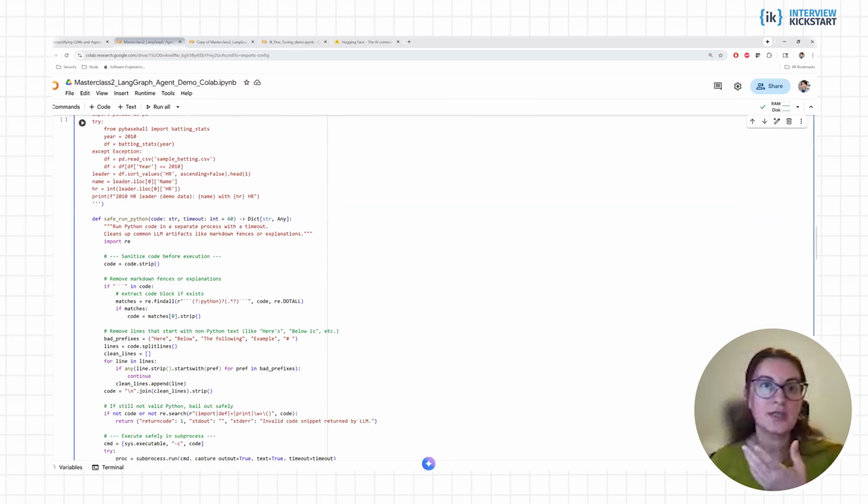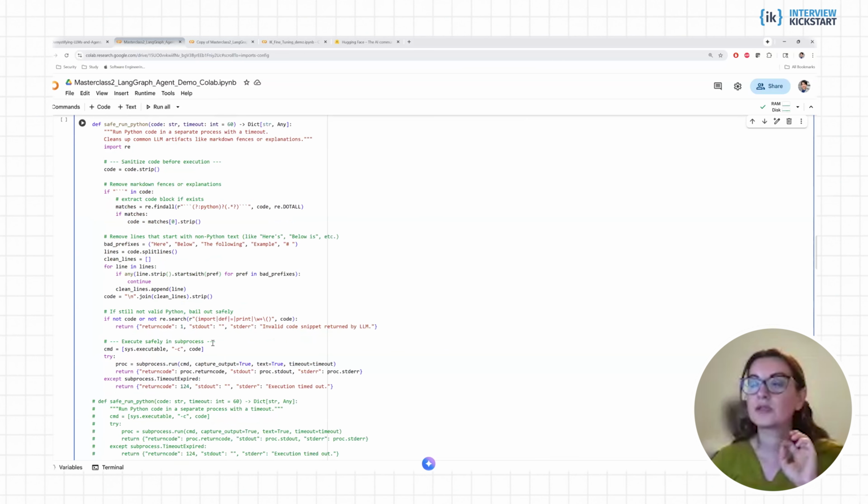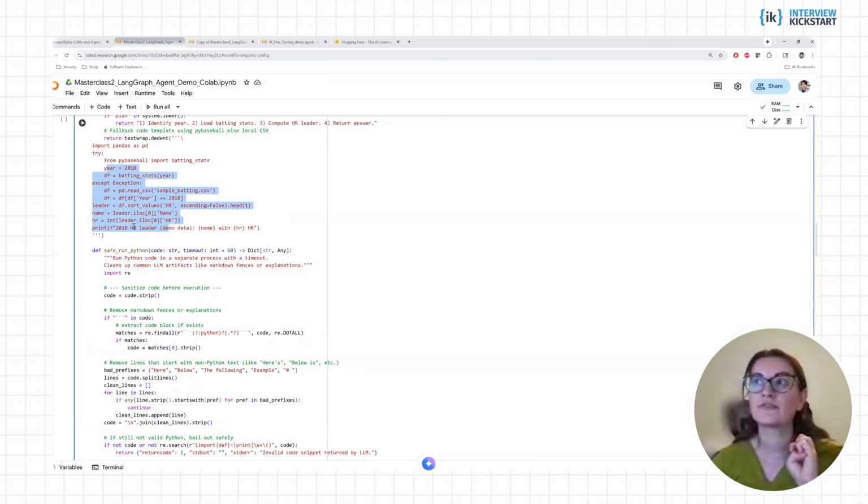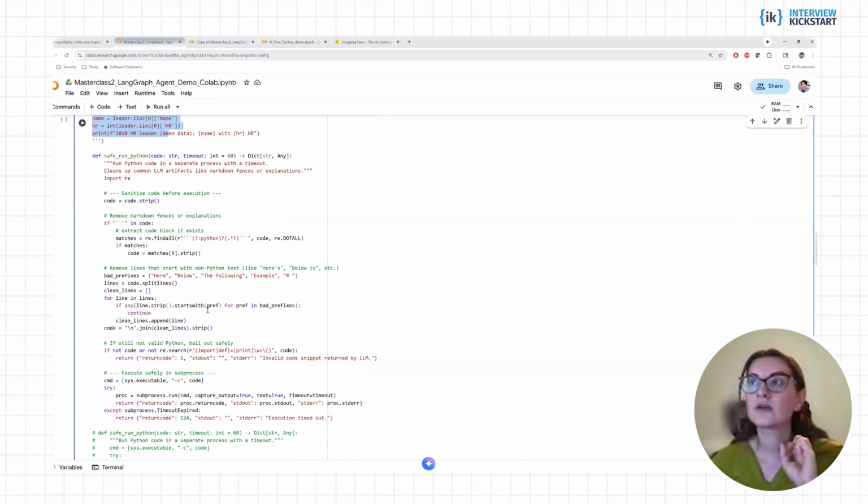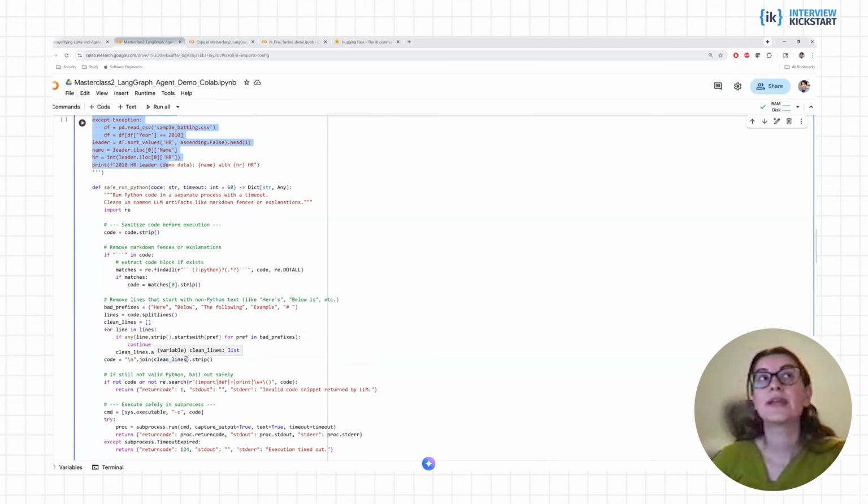So the code structure basically tries to use the PyBaseball API. If it fails, then it goes to the backup CSV file, and I also call it in here. This one is for the LLM case, and this one is in case we don't have the LLM. At some point I used different models, and the code actually had errors in it, so I added a lot of cases to make the code safe.